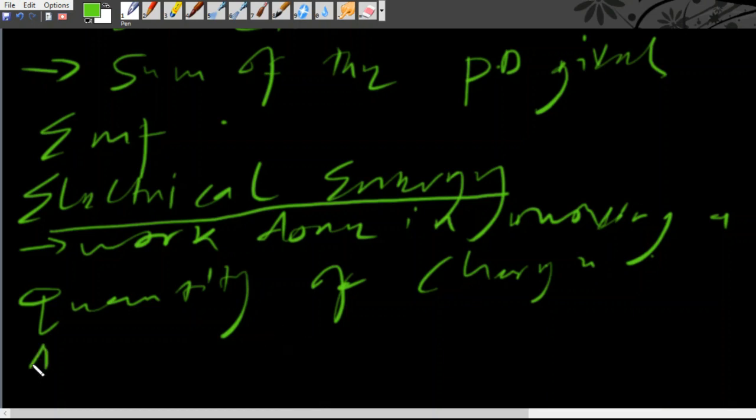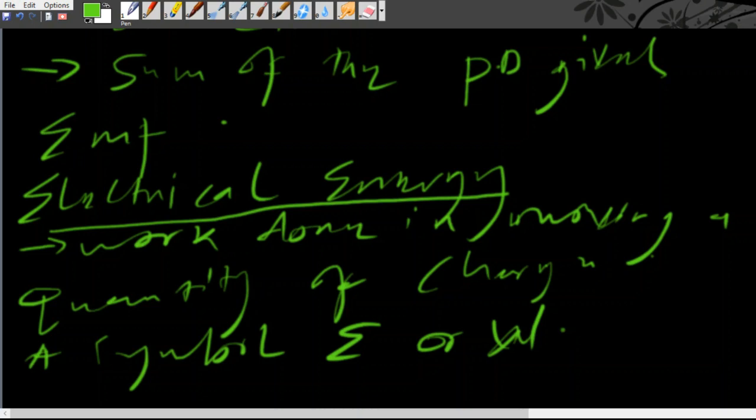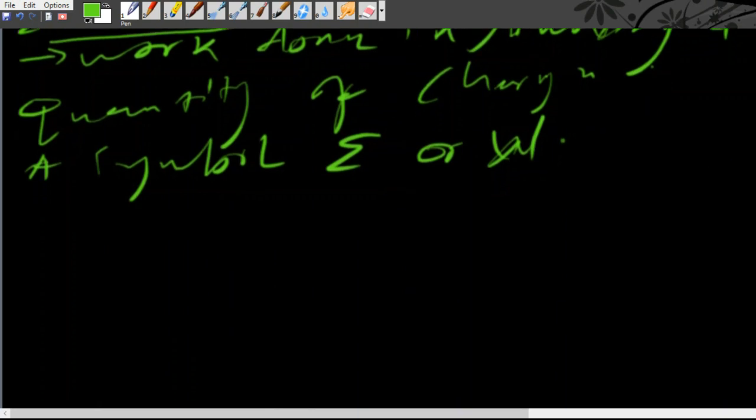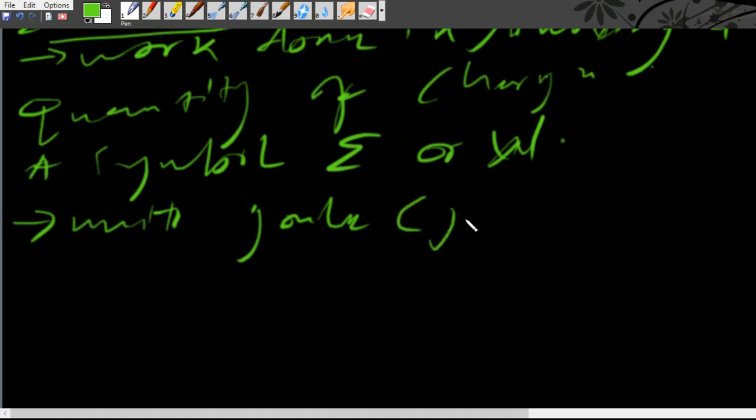The symbol that we use to represent electrical energy is E or W. In some books you're going to find E, in some books you're going to find W. The unit of measuring energy is the joule, which is represented by J. That's the unit.